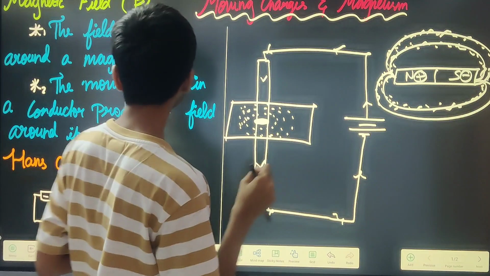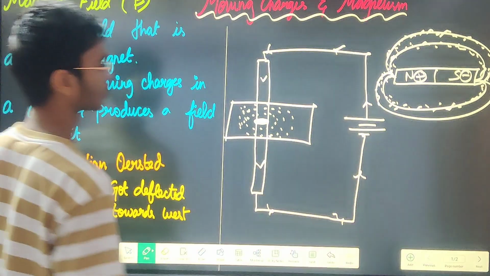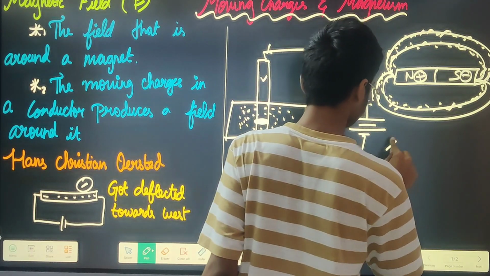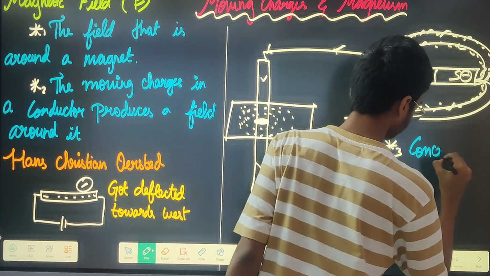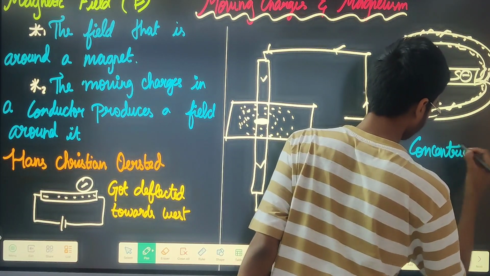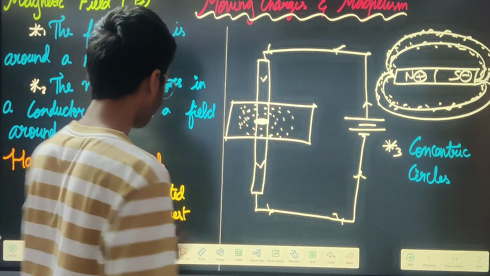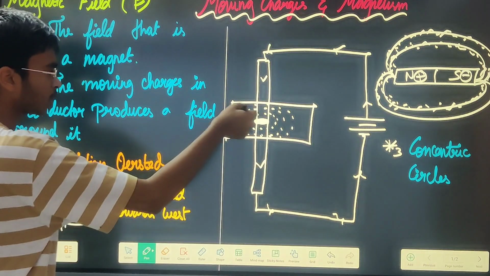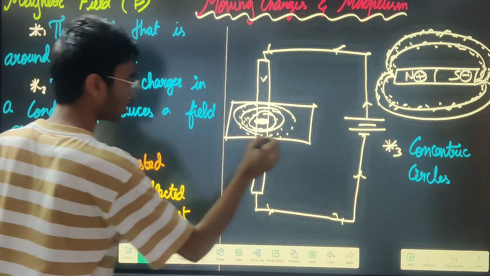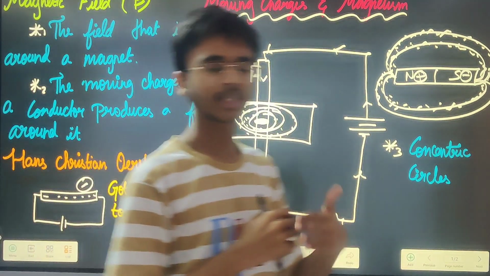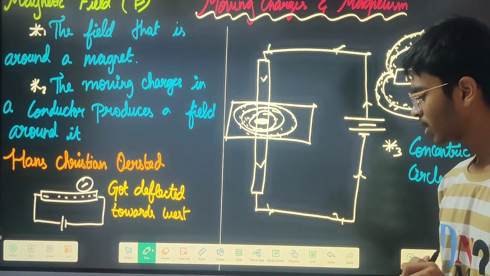Also note that the magnetic field will be in concentric circles. That means if this is the rod, then the magnetic field produced by the rod will be like this, concentric circles, going like that. This is the very basic thing that you have to know.